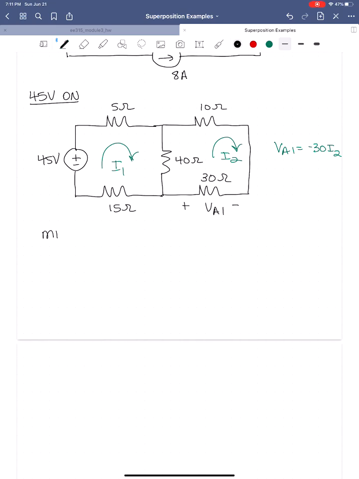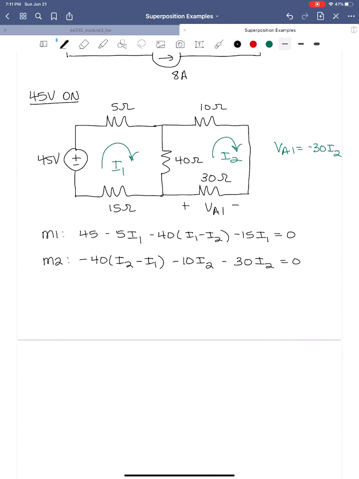So our mesh 1 equation, starting with the voltage source, is going to be 45 minus 5 times I1 minus 40 times I1 minus I2 minus 15 I1 is equal to 0. And then mesh 2, starting with the 40 ohm resistor, is minus 40 times I2 minus I1 minus 10 times I2 minus 30 times I2 is equal to 0.